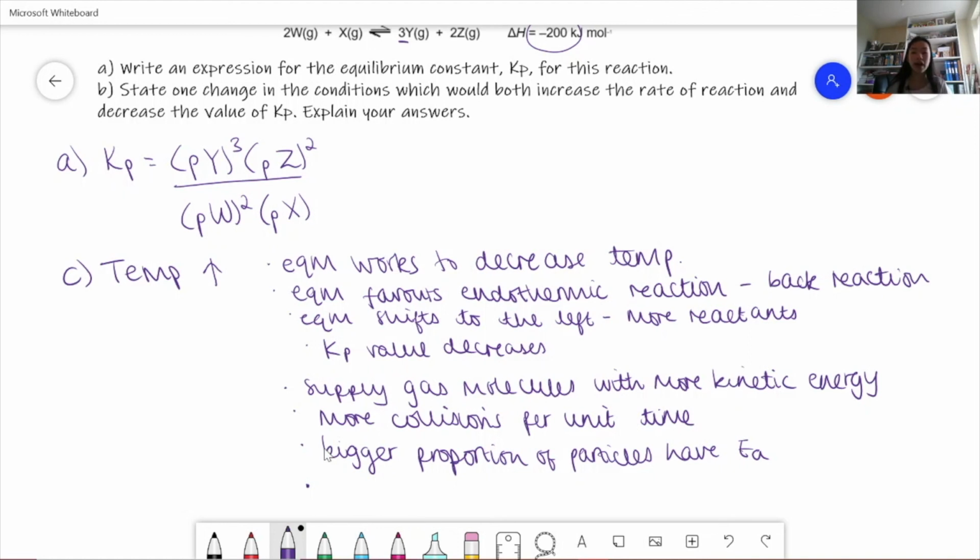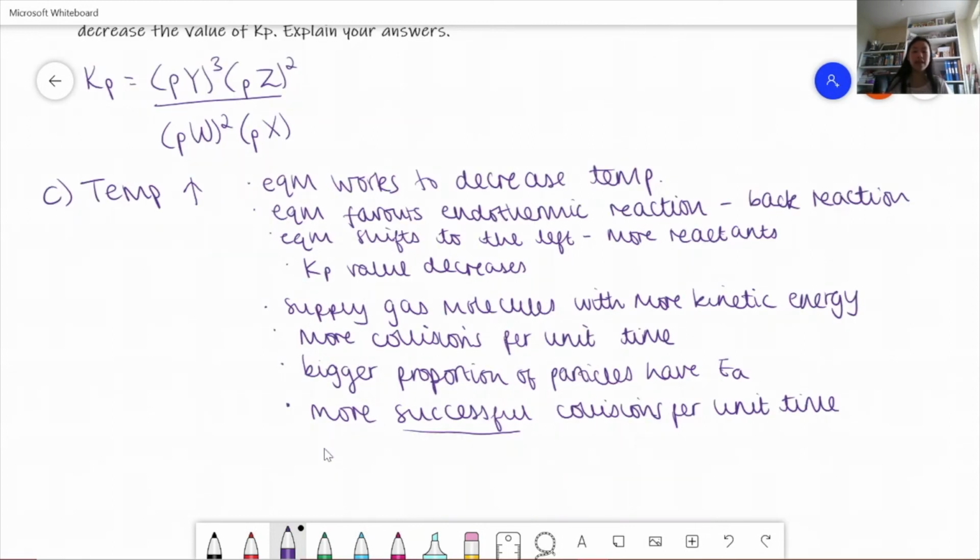And so we have more successful collisions per unit time. And so overall, that means that we have a higher rate of reaction.